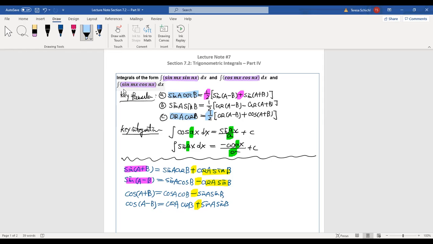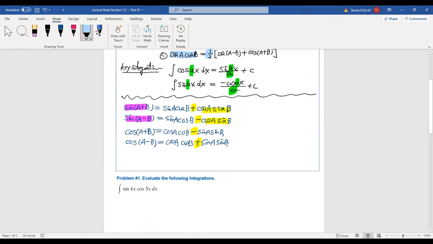The same way, if you use cosine A minus B minus cosine A plus B, then the cosine A cosine B will be canceled. Then you will have 2 sine A sine B. So that's why it's this 1/2. This formula is pretty straightforward, and it's not too difficult to prove.